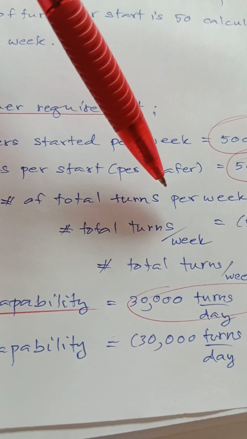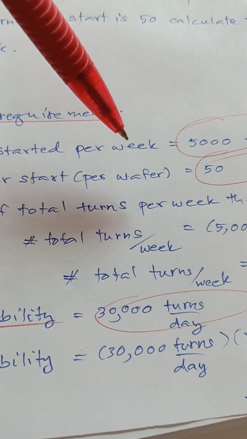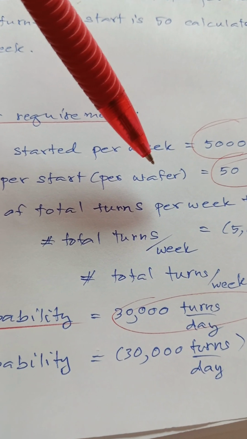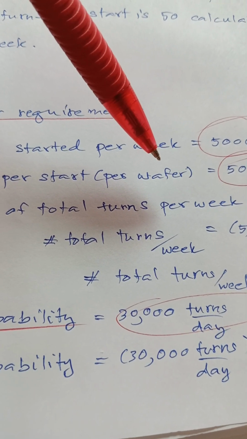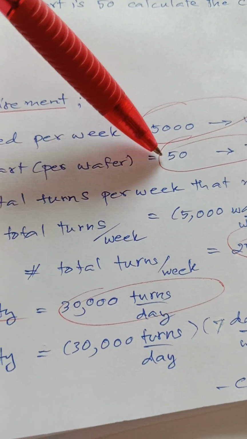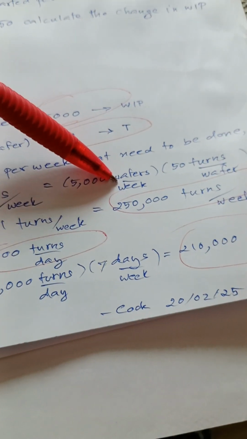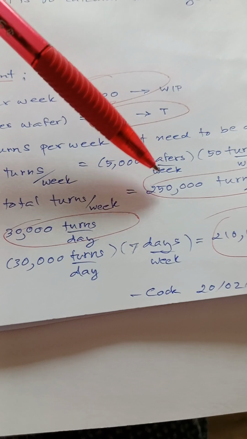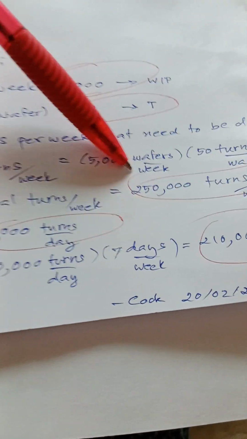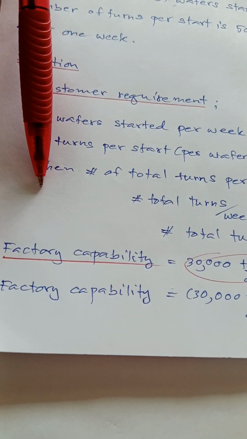Then the number of total turns per week, or number of steps, number of moves per week that you need to go through, you simply multiply 5,000 by 50. So that gives you 250k turns per week. That's the customer requirement.